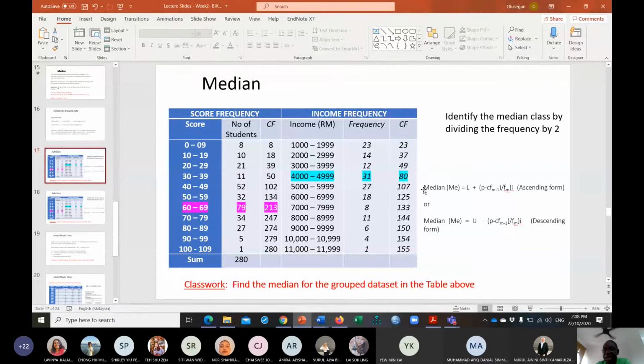So let's put in the values. Here in this formula, in real practical sense, L is standing for lower boundary. And when we want to look for lower boundary, it does not necessarily mean we take the lower limit, which is 60. We are looking for a boundary. So we look between 59 and 60, what will probably be the boundary?